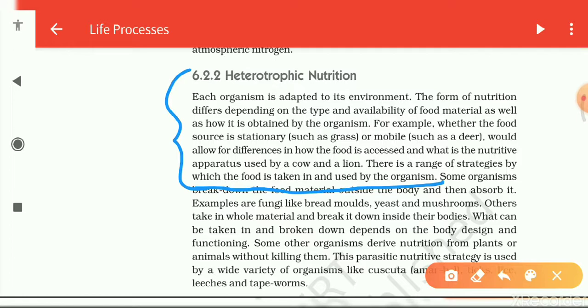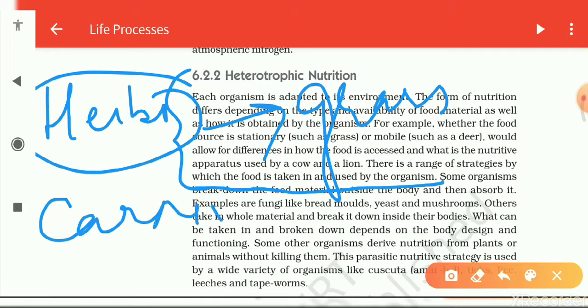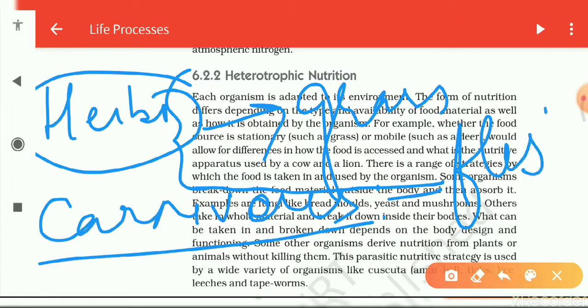on the basis of the food habits, organisms are divided into herbivorous, carnivorous and omnivorous. Herbivorous organisms are those organisms which eat only grass and plant products. Carnivorous are those organisms which eat only the flesh, or we can say the meat of other animals.